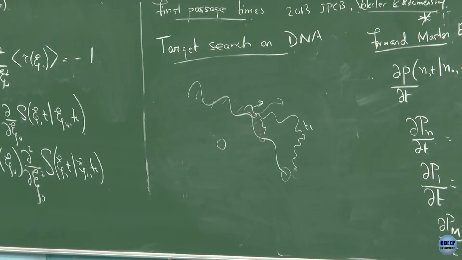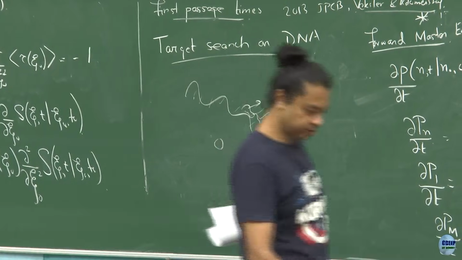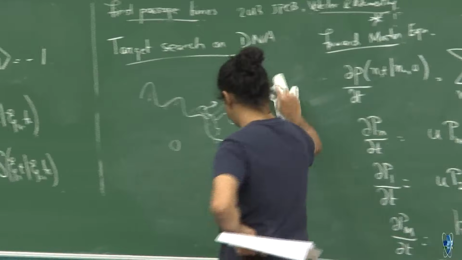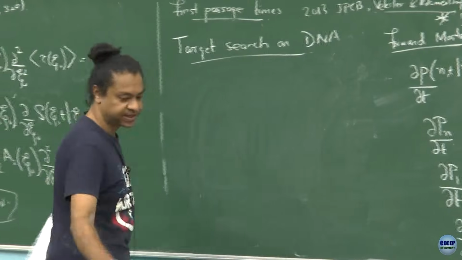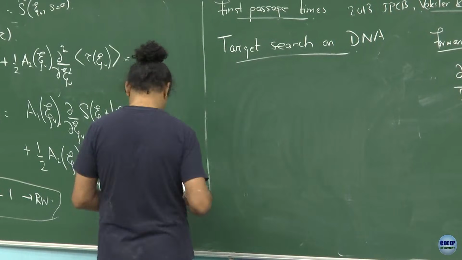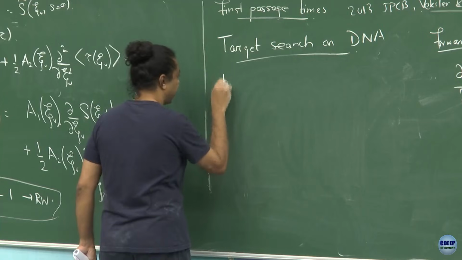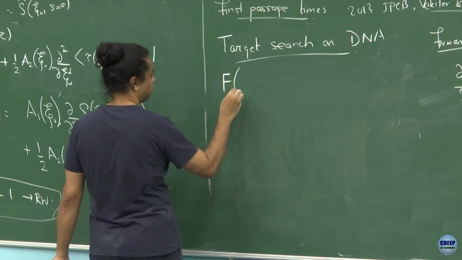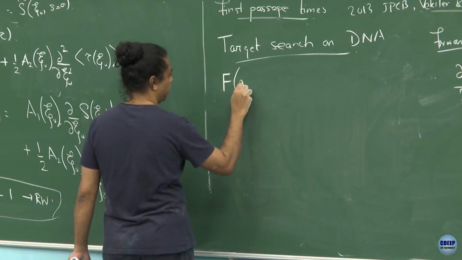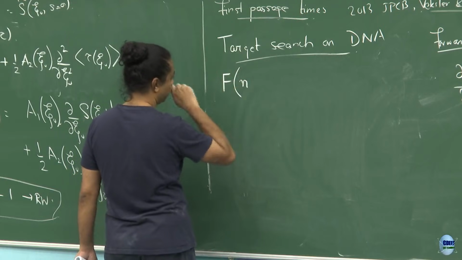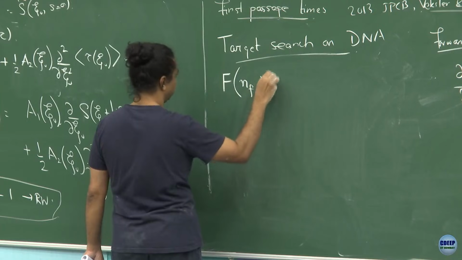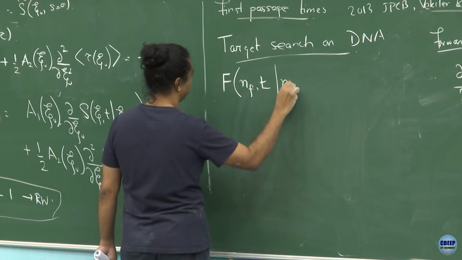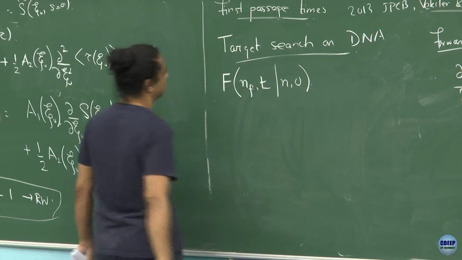All right. So, now what I want to do is to write down the backward equations. Okay. And I want to write down the backward equation for this distribution of first passage times itself, right. So, this is F, what was I calling it? I was calling it NF, right. NF at time t, given that it has started from some site n at time 0.